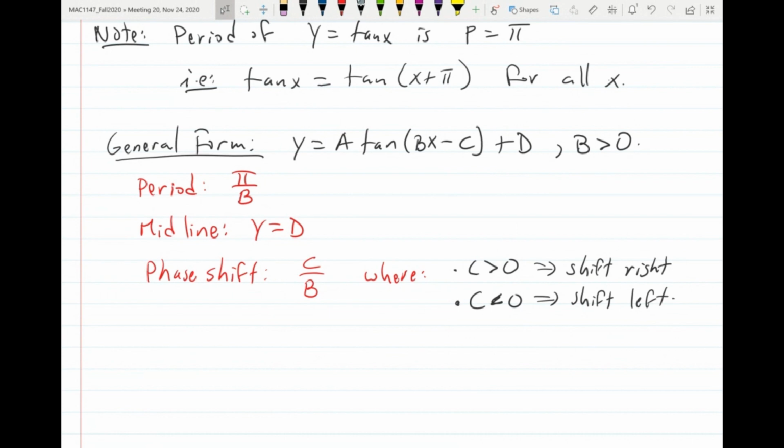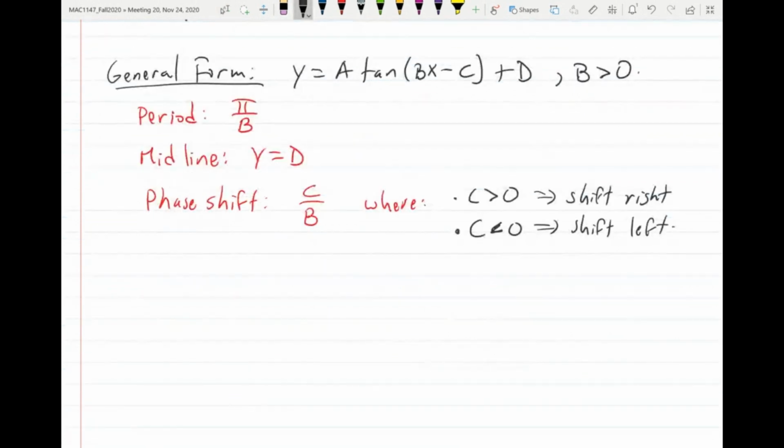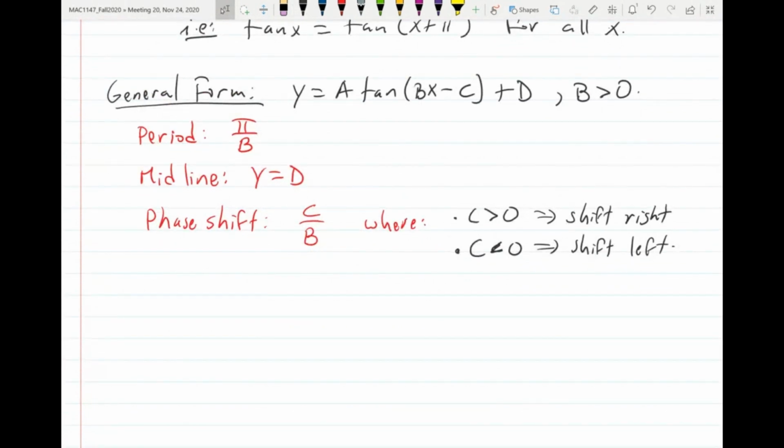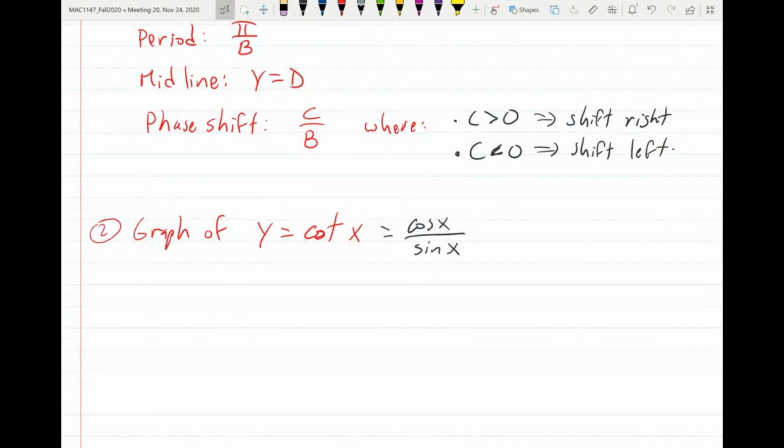All right. So, let me give you the information for the cotangent, and then we'll do examples, okay? So, cotangent. The graph of cotangent is actually very similar to tangent. Remember, cotangent is cosine over sine. So it's just like tangent, but then we just need to switch some things. Now the issue is whenever sine is equal to 0, and then the intercepts are whenever cosine is equal to 0.